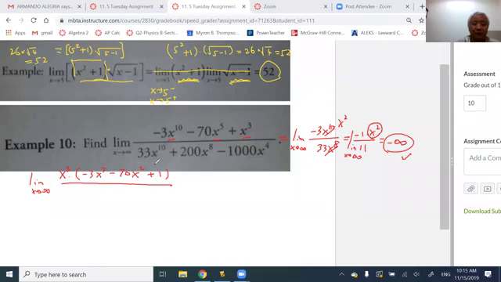The bottom one, do the same thing. x to the 3rd power, no, x to the 4th power now. You can take x to the 4th power. So you have 33 times x to the 6th plus 200x to the 4th minus 1000 here.